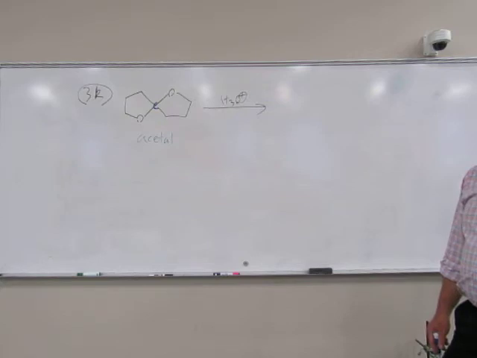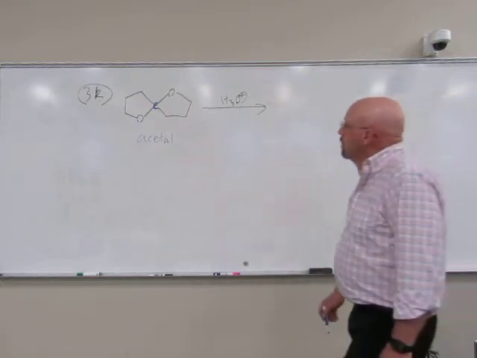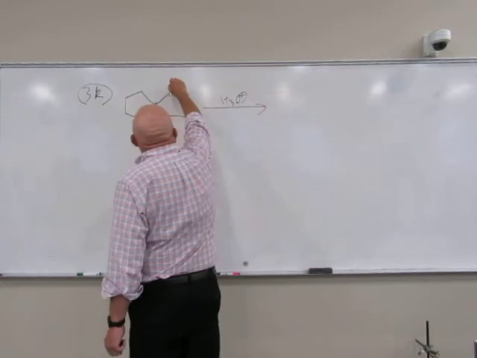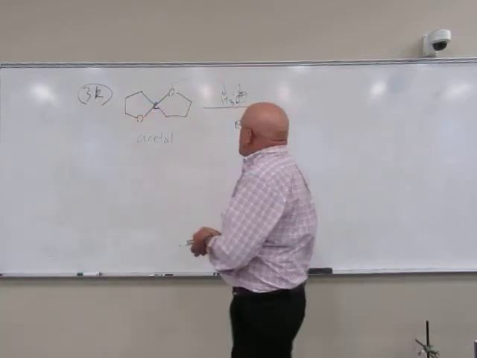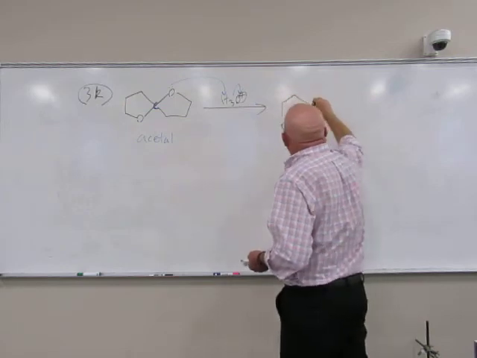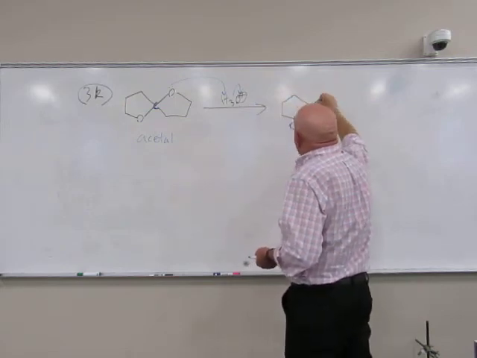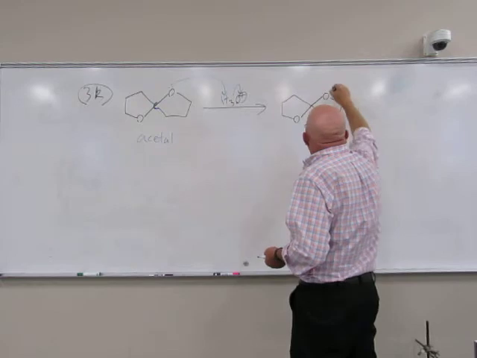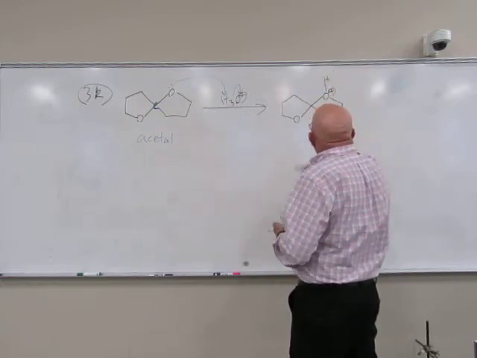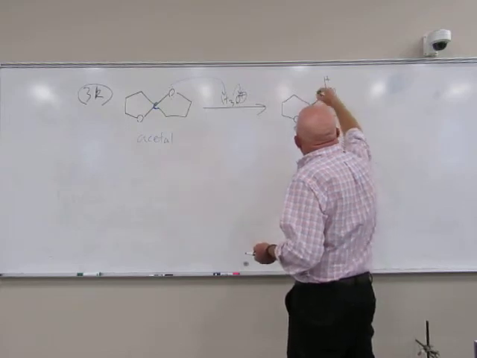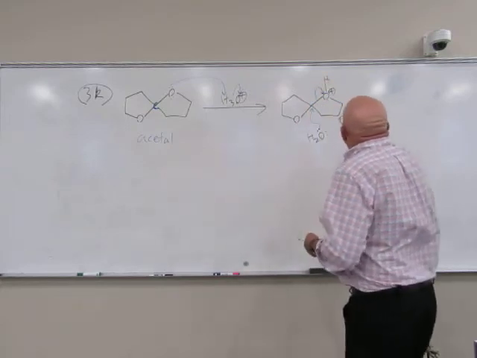So, acid and water removes the acetal groups, and we get a carbonyl back. So, acid and water, you're going to protonate one of those oxygens. I'll just show it real quick here. Take the water then, break this apart.